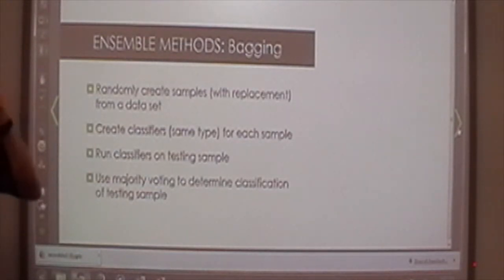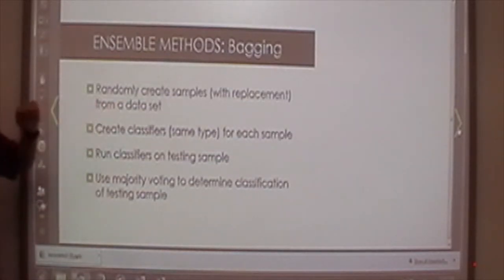Anyone remember that phrase from prior lectures? Well, the basic idea is you're going to create random samples, in this case with replacement, from your data set. And you're going to create multiple data sets through this random sampling. So this one data set can grow to more than one data set that way.